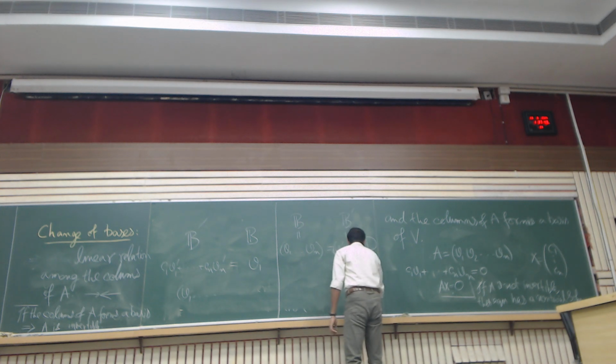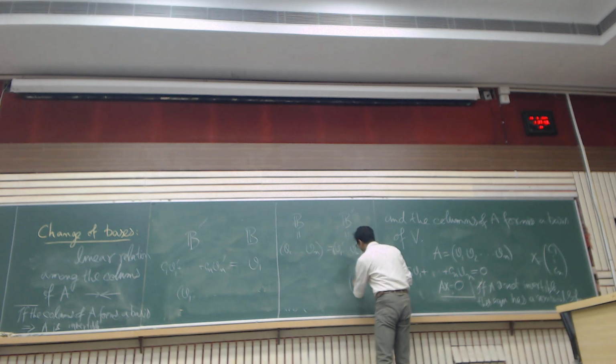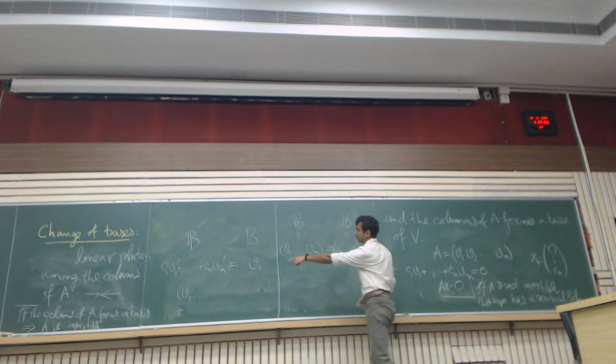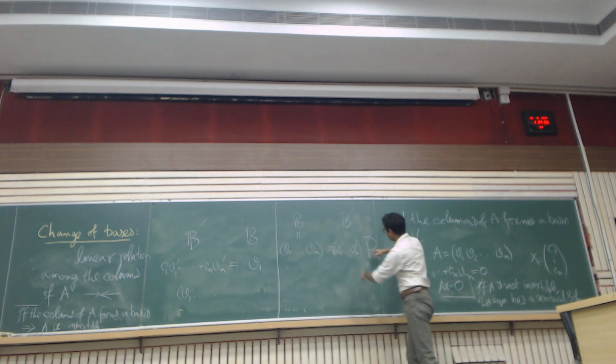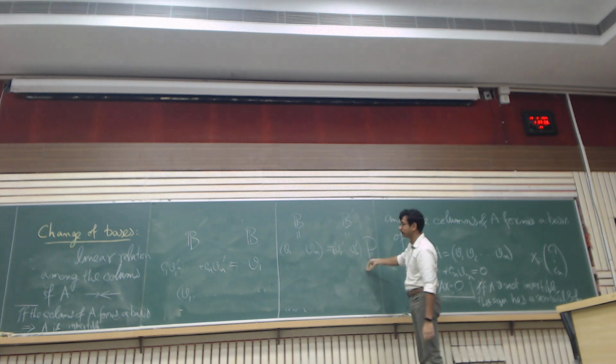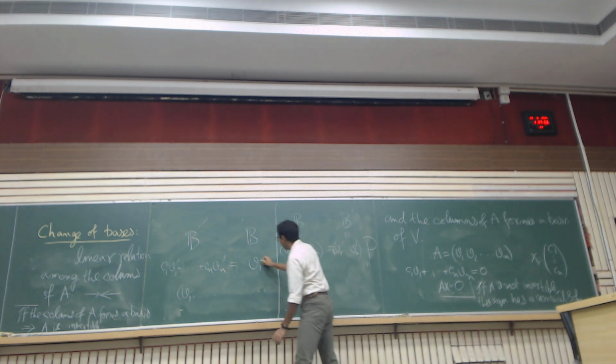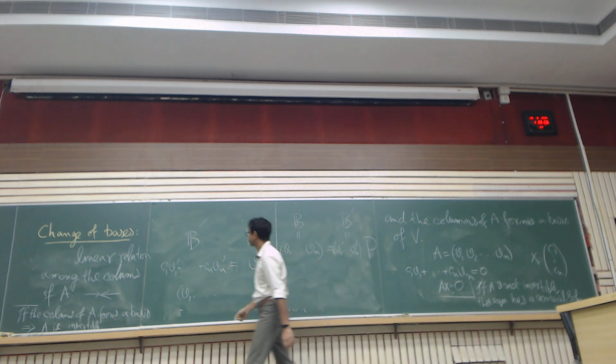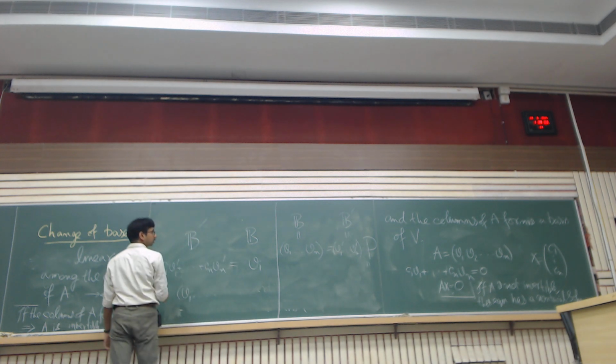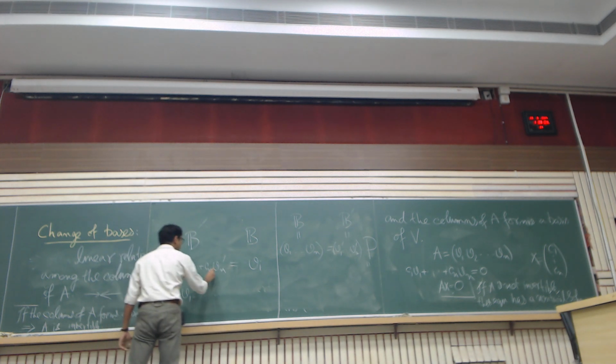So P is P11, and I would just write one column. If you multiply this with the ith column, you are getting the ith vector here.